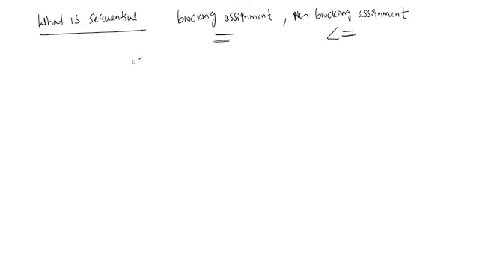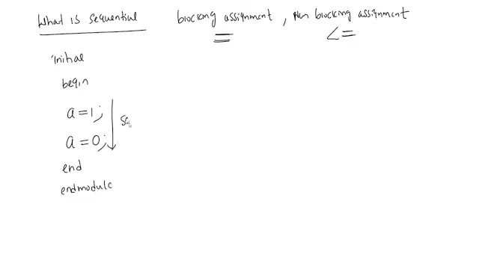Blocking assignment means, suppose you are writing initial begin, a equal to 0, a equal to 1, and after that a equal to 0, end module. This is blocking assignment, and it will execute sequentially.